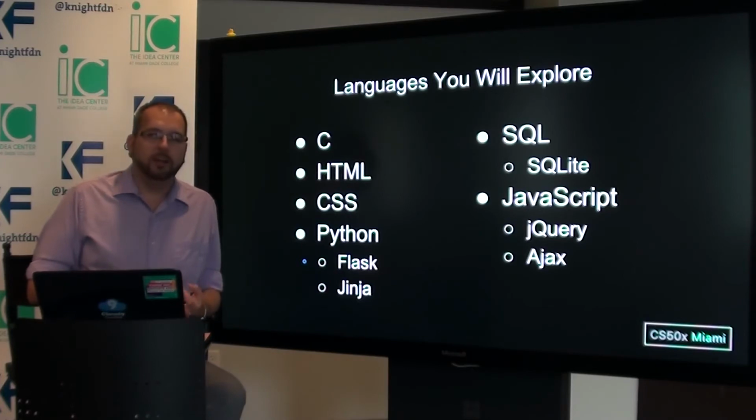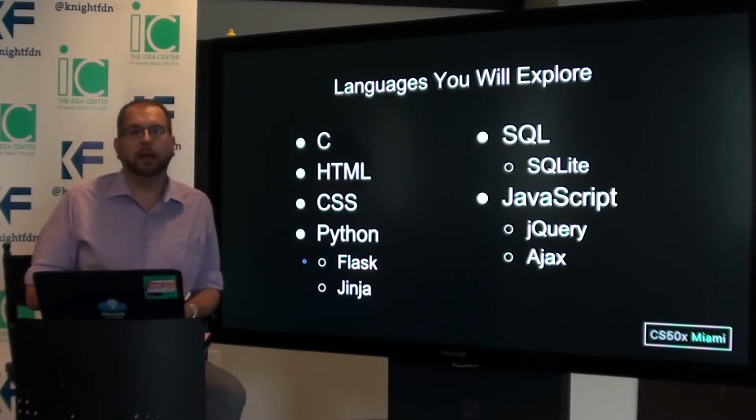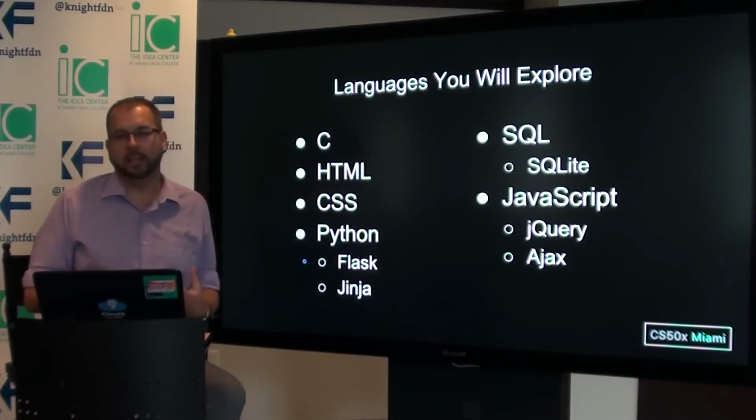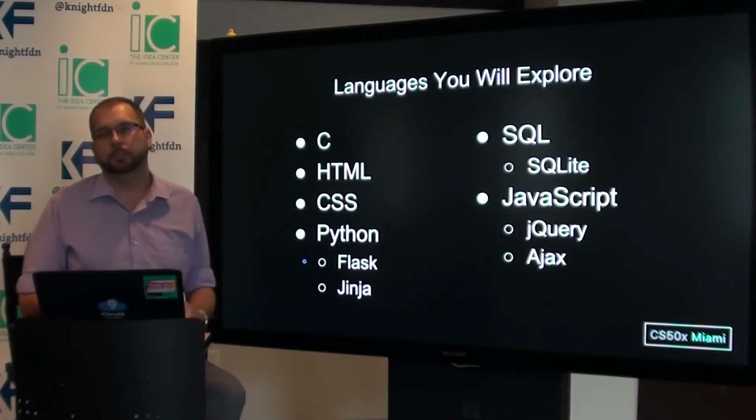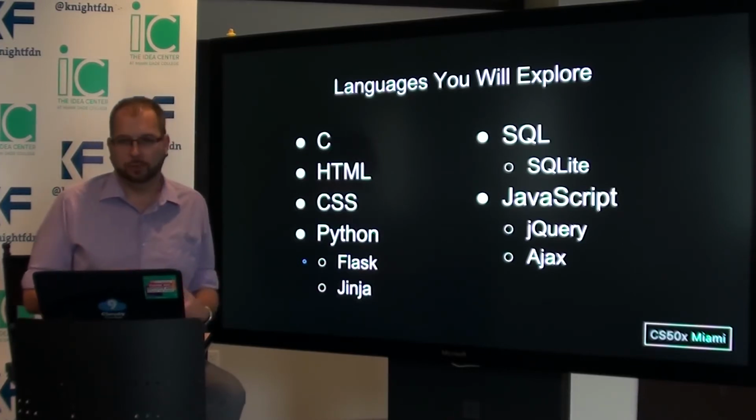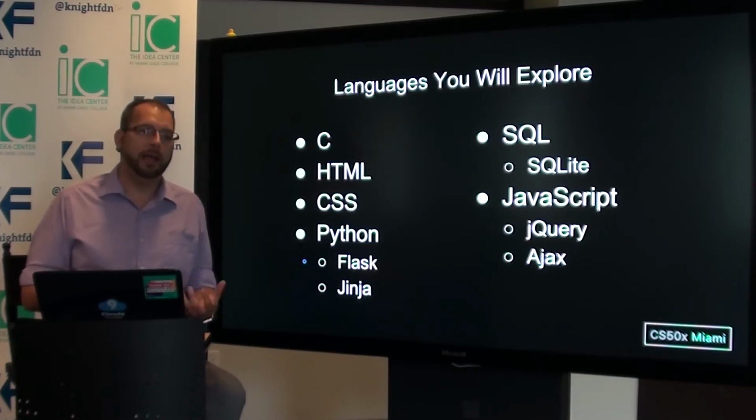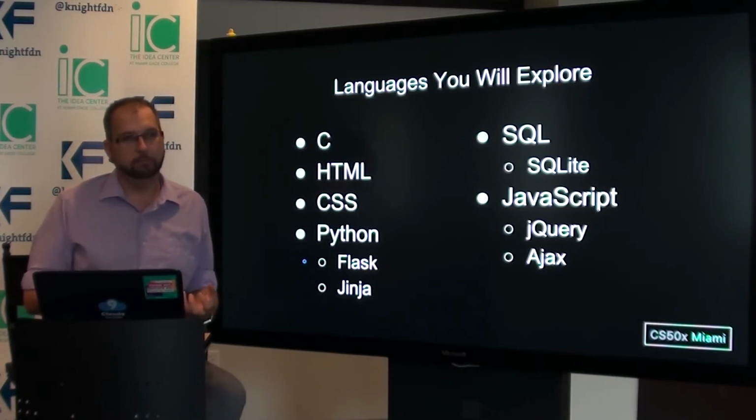A little bit later on in the course, we'll switch over to using Python as our teaching language. Now Python has a number of different applications. It can be used for artificial intelligence, for machine learning, for visualization tools, and mostly we'll be using it for back-end web development. So we'll be using Python to write a web server.